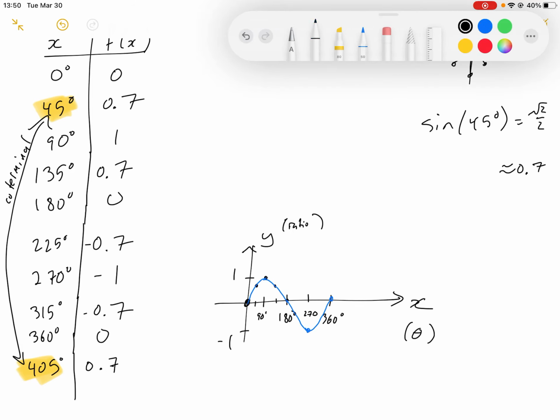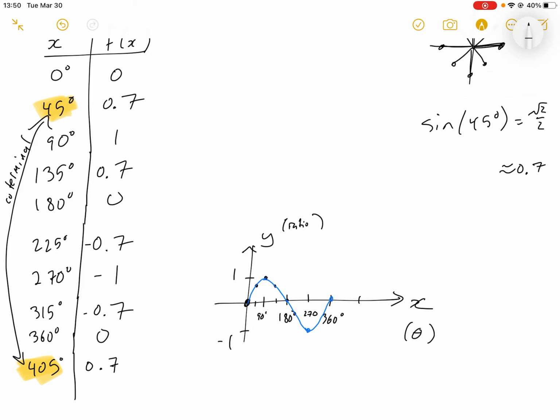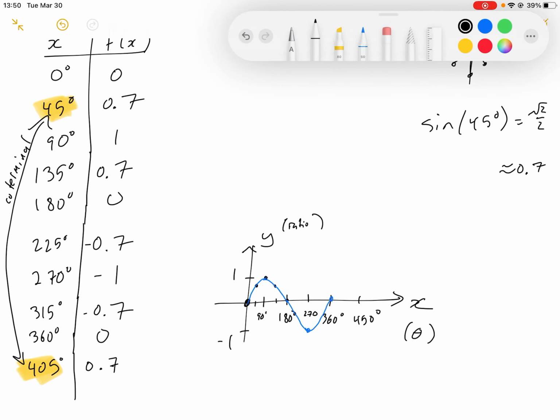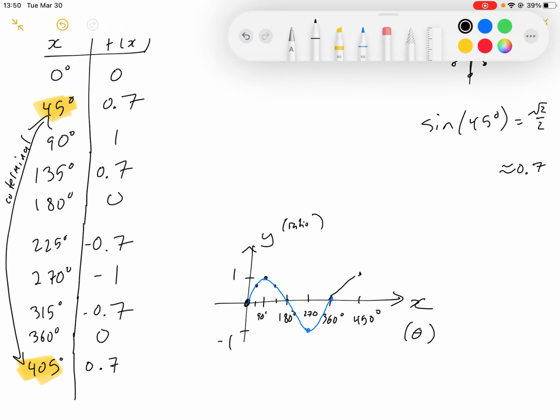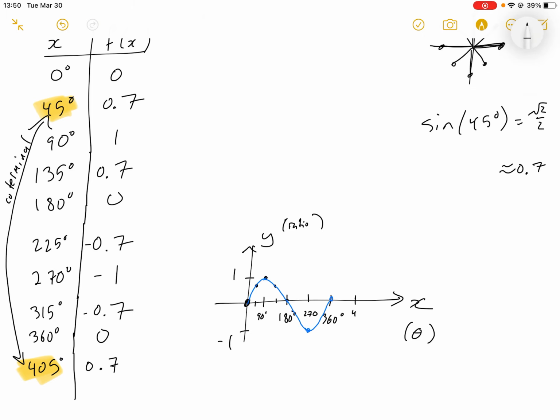And then like I was saying, we could keep going, so after 360 I'll end up at 450, and so my graph would end up going up to, oops. Try to draw this a little bit more to scale. I know it's not going to be perfect. So this would be 450.